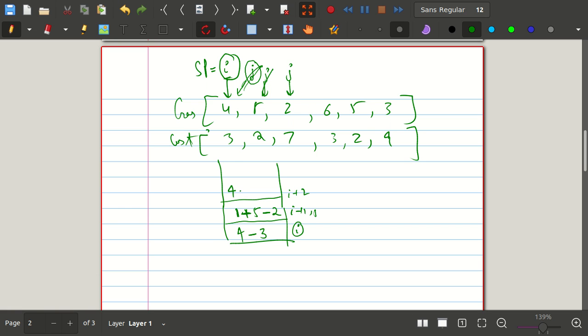Now I will again check, and I can see that 4 plus 2 is 6. I will have now 6 amount of gas, but for moving to index j plus 1 I should have greater than 6 or equal to 6, at least 7 amount of gas.